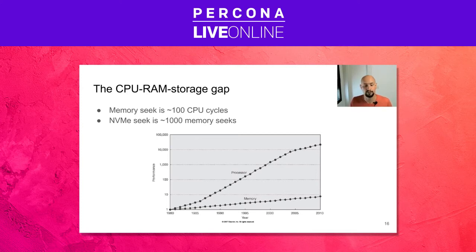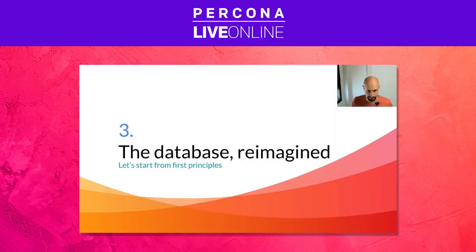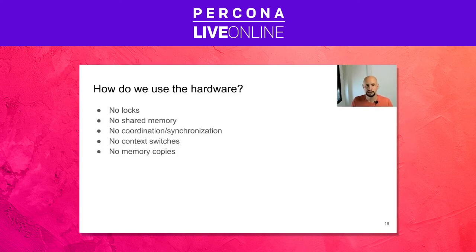And that's a problem, wasting a lot of resources this way. So in order to utilize all this hardware, we need to rethink how we build databases. If we start from first principles and rethink, knowing what we know now about hardware, how would we build a database to use all those resources?